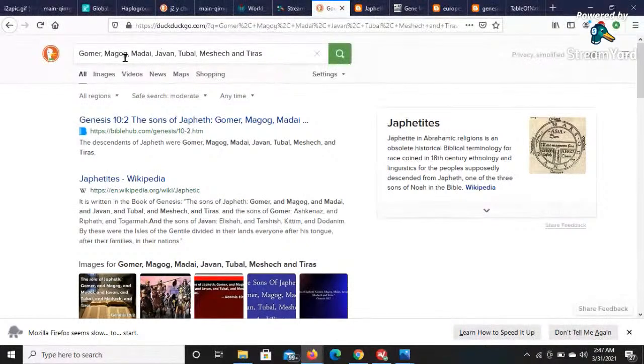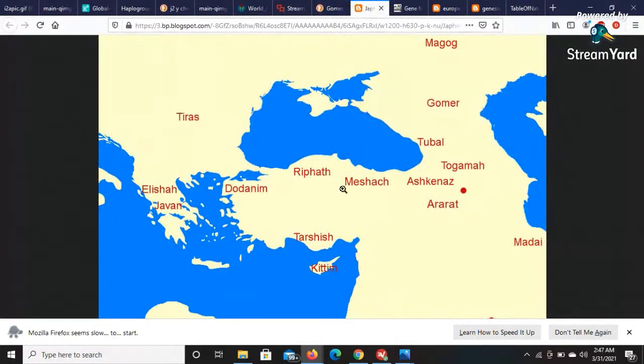So we got the Madai, Gomer, Javan, Tubal, Meshach, Tiraz. There's Madai down here. So yeah, we got something to work with anyways. The Madai probably kept going east, I'm guessing. So we'll say the Madais are the S and T's.